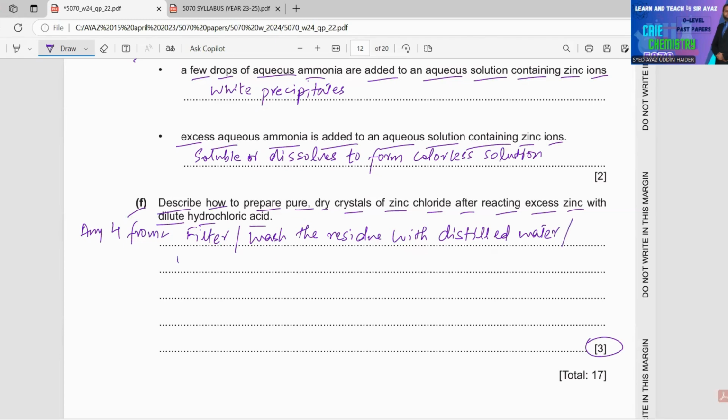Then we evaporate through gentle heating, so that you will cool down or crystallize. Then you dry the crystals.